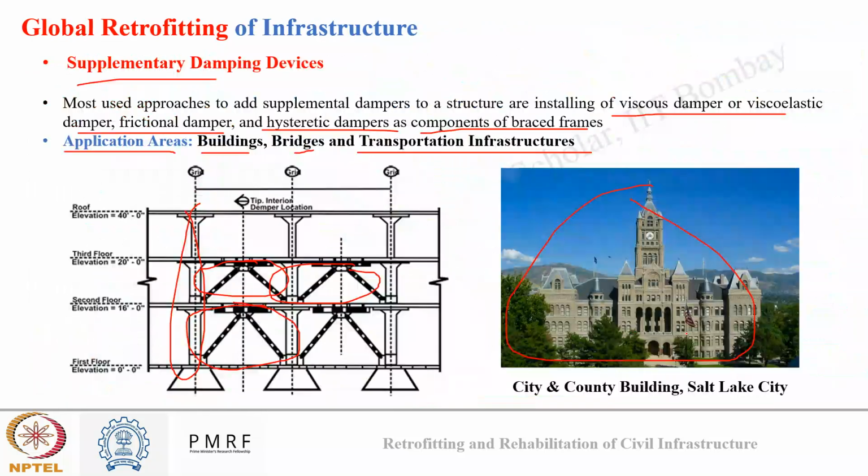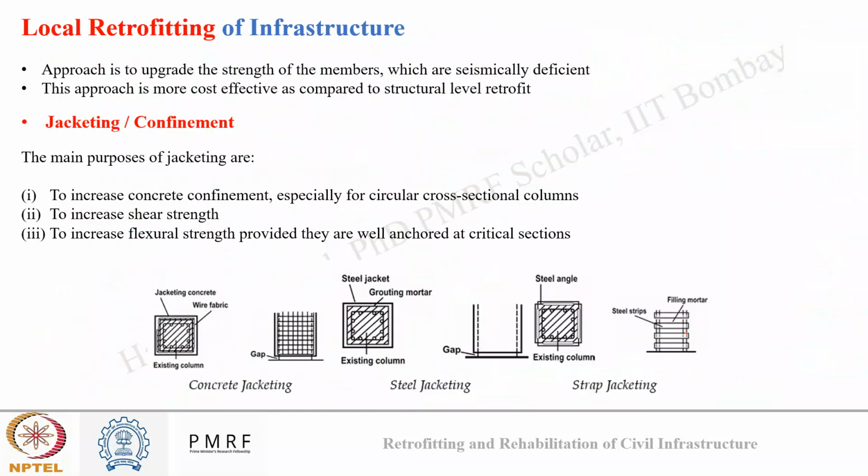These techniques all come under global retrofitting, and by global retrofitting we mean a measure that is applied to increase the lateral load carrying capacity of the complete structure when my whole structure is deemed deficient in strength. Okay, now we will talk about local retrofitting measures, or the measures that are applied to a certain section of the infrastructure only.